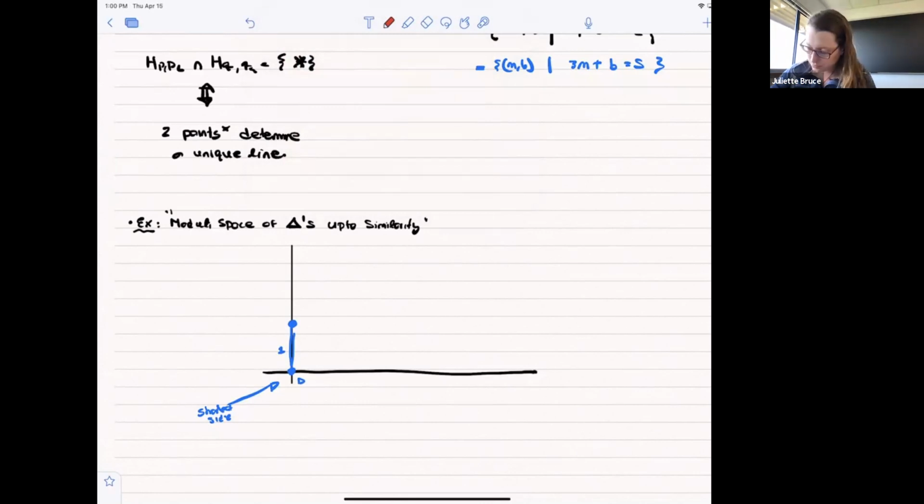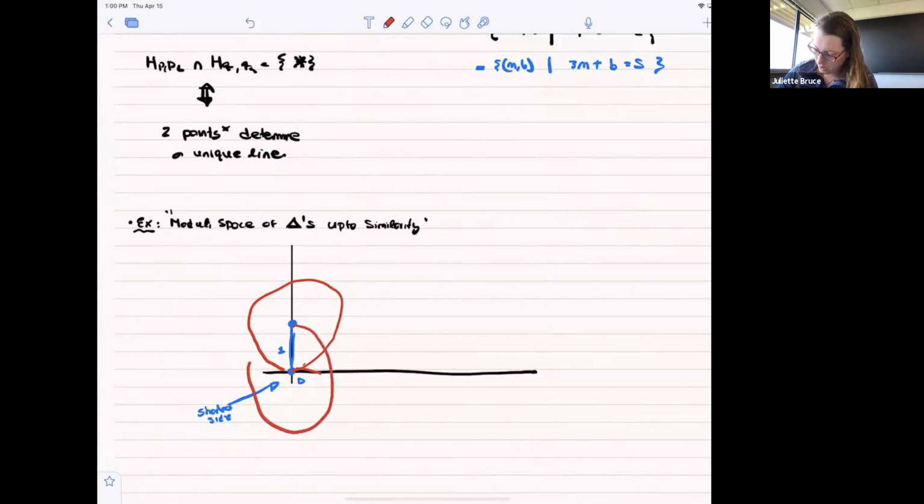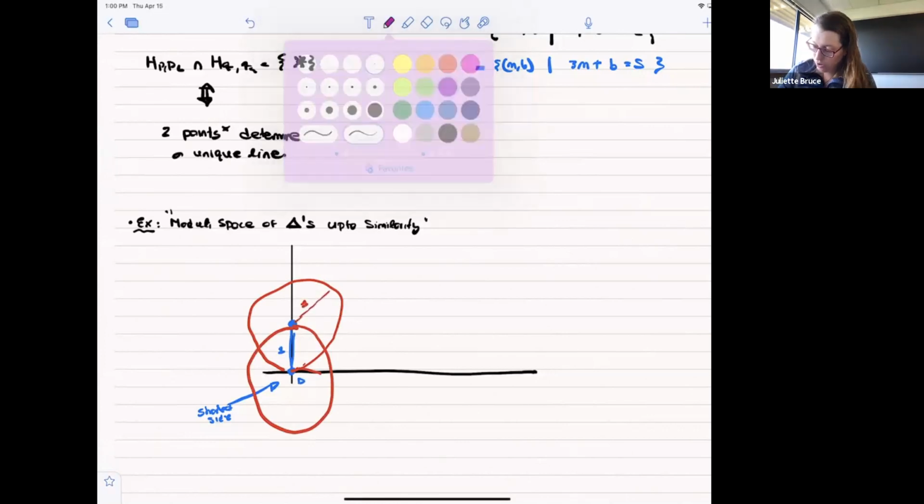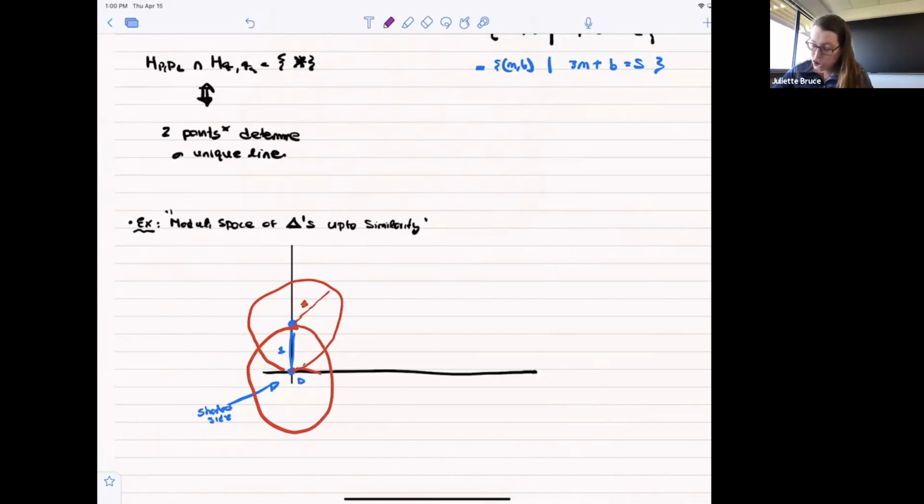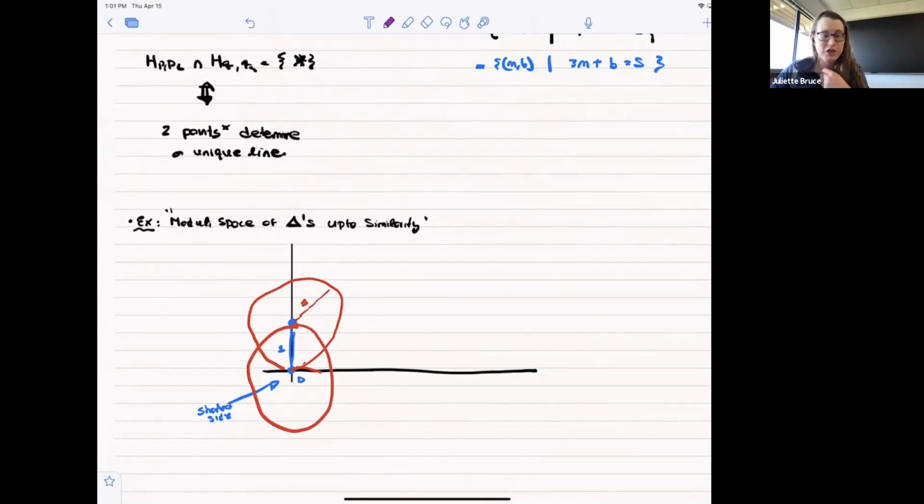So here's where my ability to draw circles just fails me. So here are 2 balls of radius 1. And so to specify a triangle whose shortest side is this blue side, I have to pick anything outside the red circles.